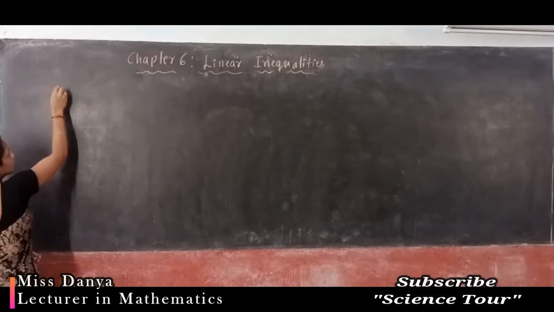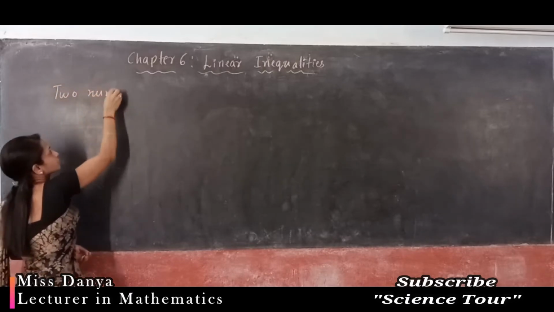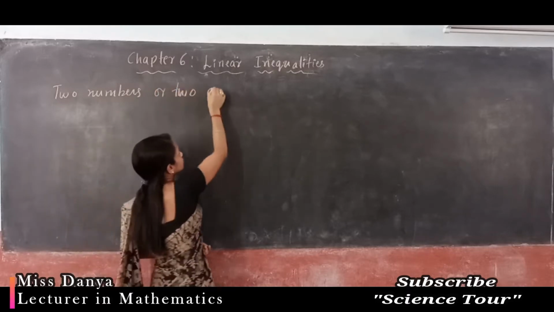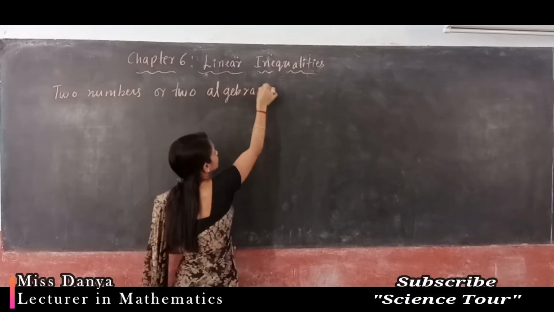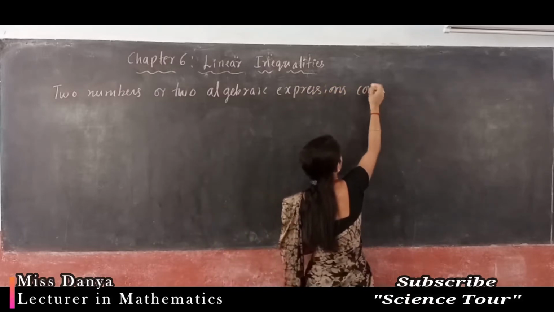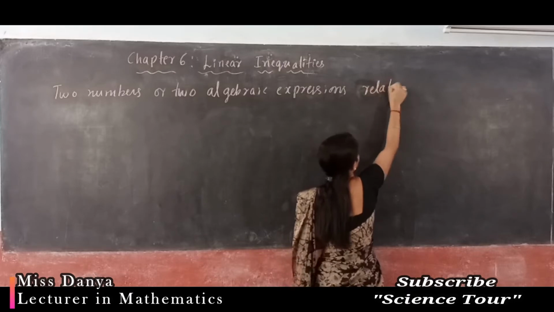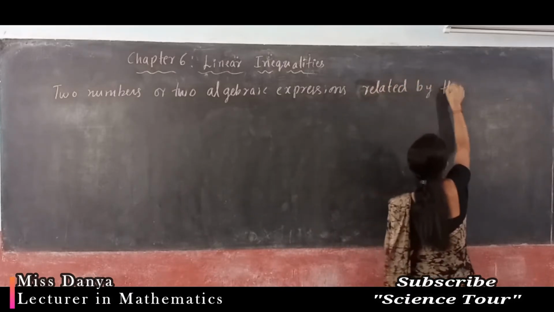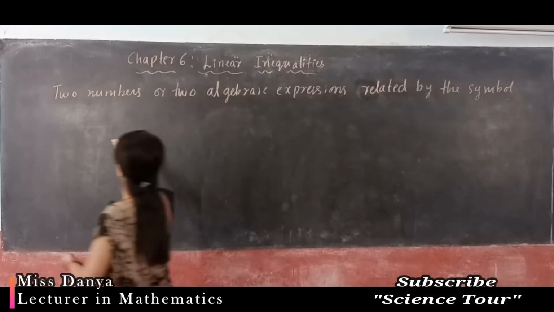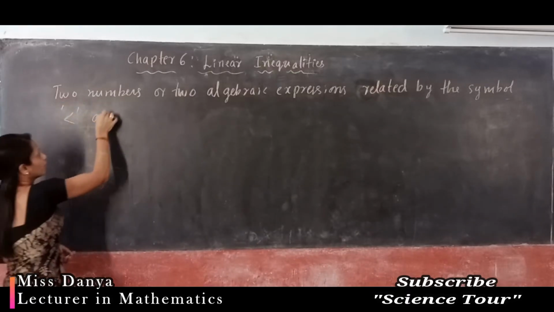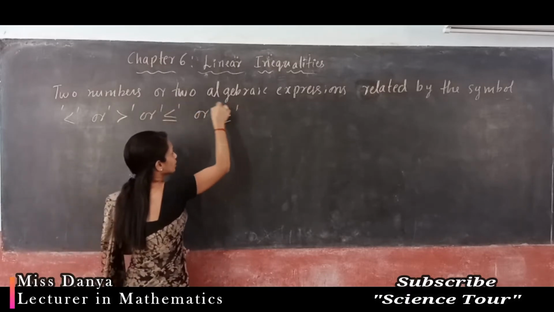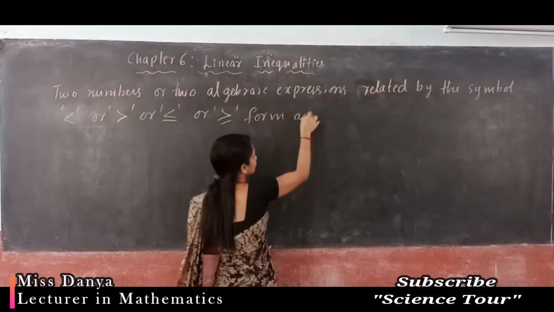So two numbers or two algebraic expressions related or connected by the symbol, this one, less than or greater than or less than or equal to or greater than or equal to, form an inequality.